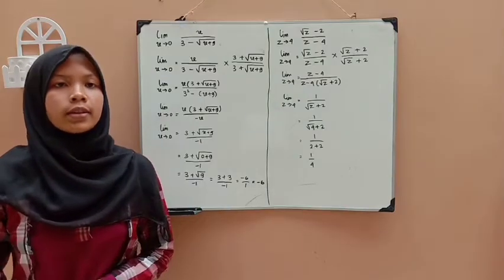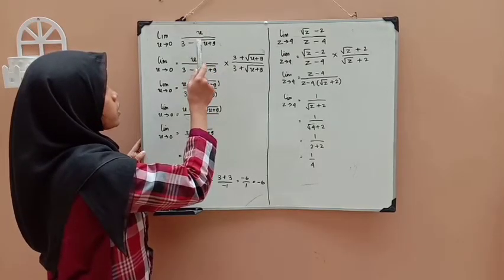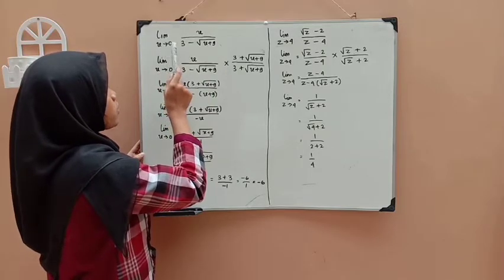Next question, that is calculus limit. The limit of x over 3 minus root of x plus 9 as x approaches 0.